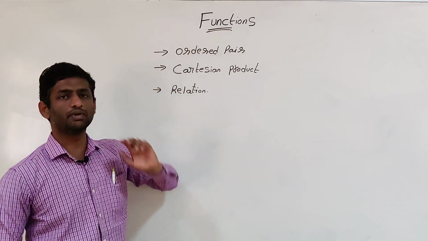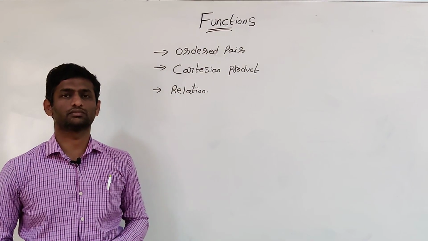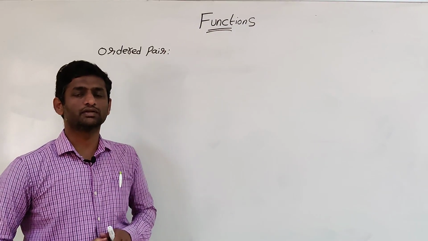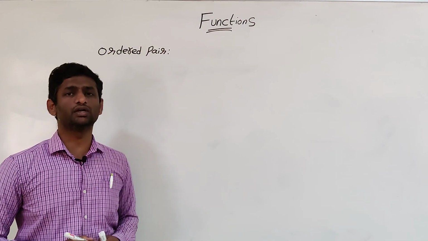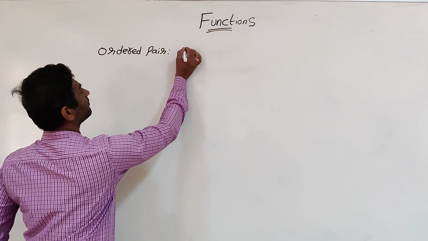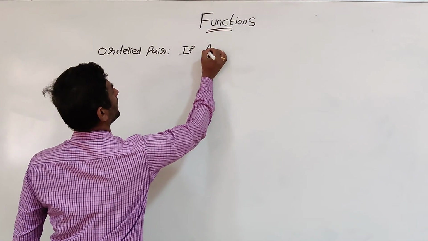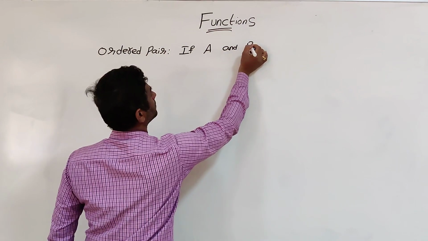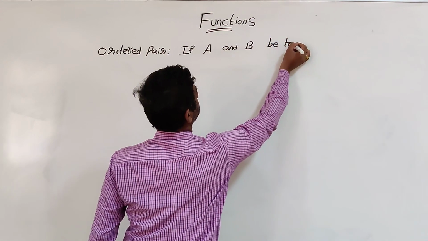What is an ordered pair? Let us see the definition. Suppose A and B are two sets.